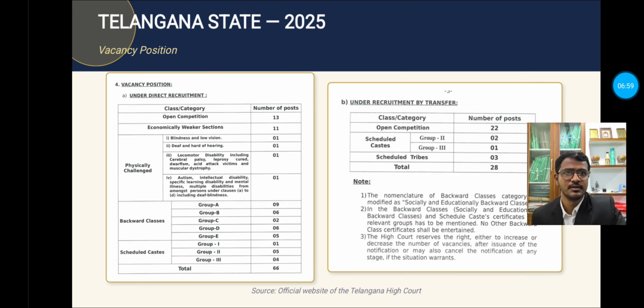In Telangana, we have 66 total vacancies in different categories of reservation, including 66 vacancies under direct recruitment and 28 posts under recruitment by transfer. And I hope you all know what direct recruitment and recruitment by transfer are.